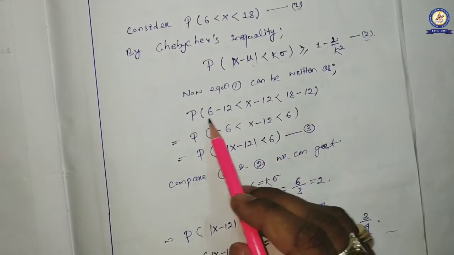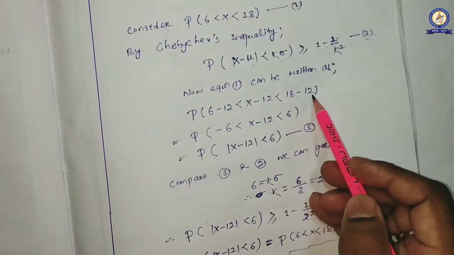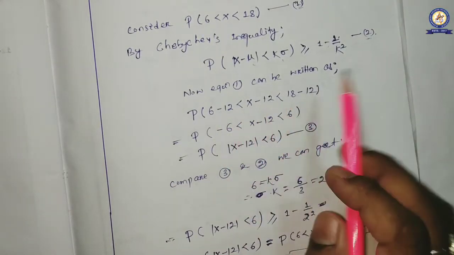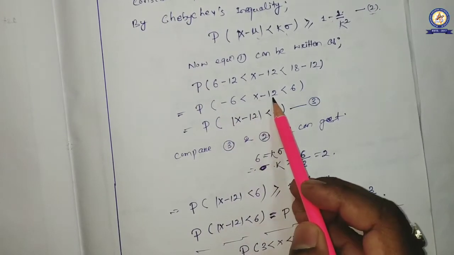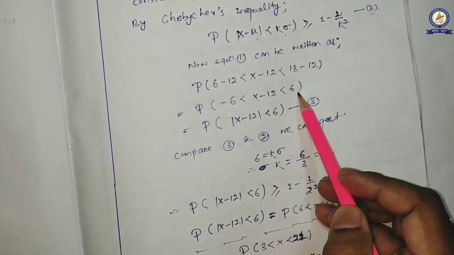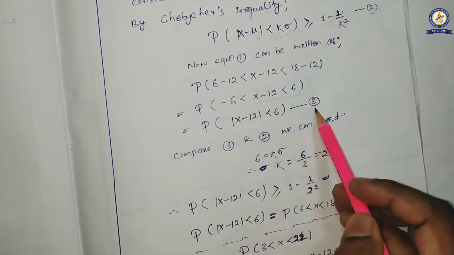So 6 minus 12 less than or equal to x minus 12 less than or equal to 18 minus 12. With each term I subtracted 12. So here this will be minus 6, and this will be x minus 12 less than 6. So this range can be written as the absolute value of x minus 12 less than 6. Let this be your equation number 3.